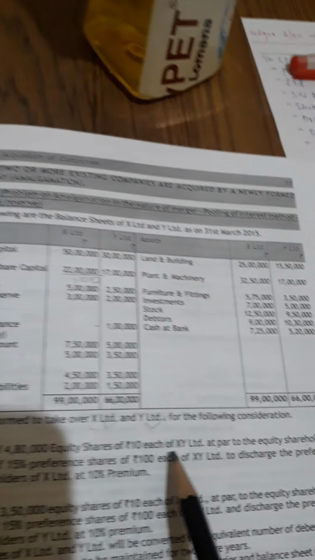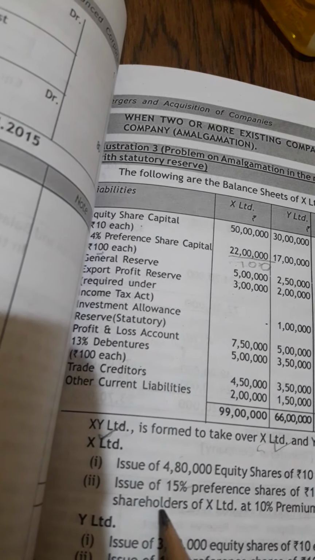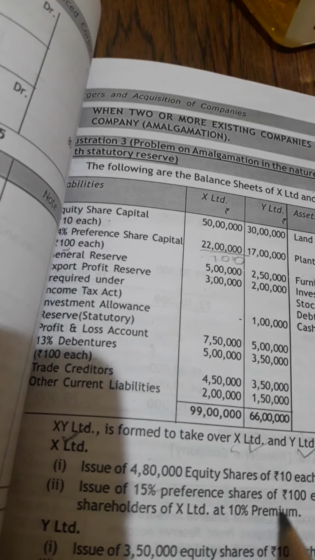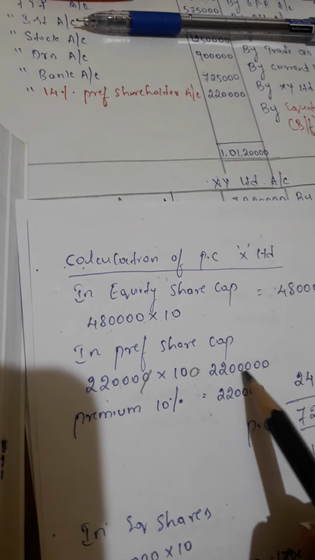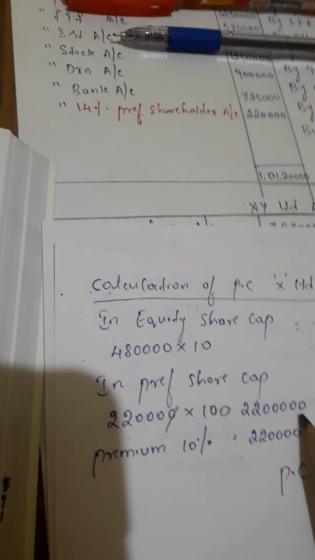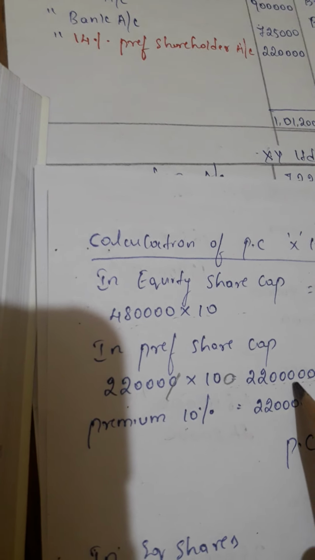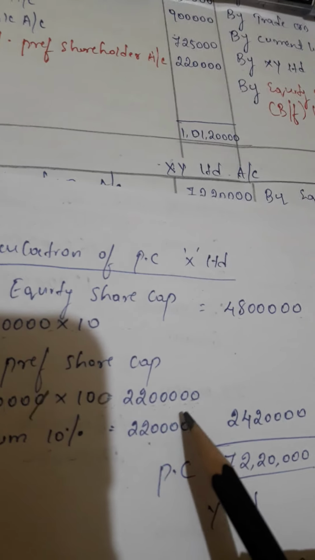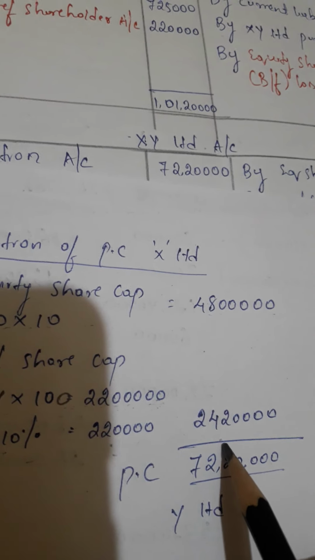And further they were saying to discharge preference shareholders of X Limited at 10% premium. 22 lakh is total amount, of which 10% constitutes as premium. It means 22 lakh of 10% is 2 lakh 20,000. 22 lakh plus 2 lakh 20,000 is 24 lakh 20,000.